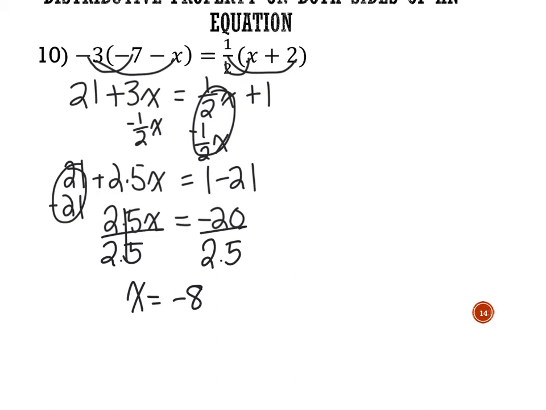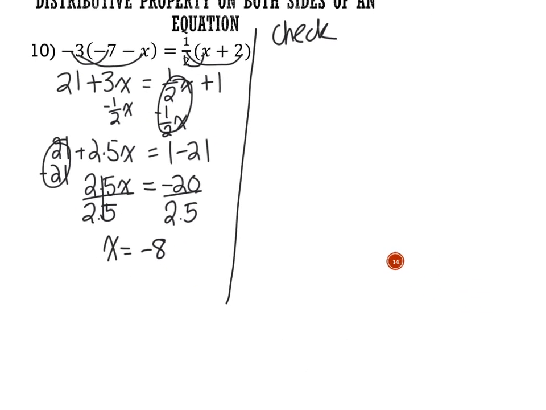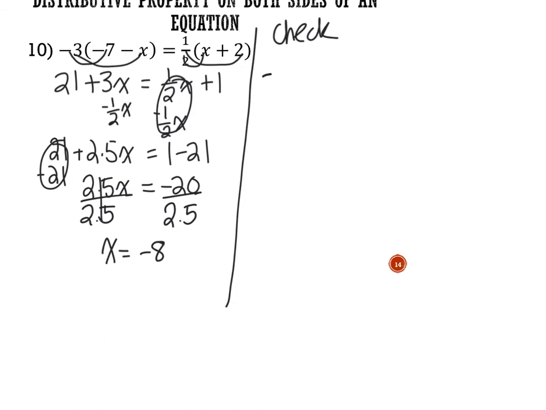Don't forget that negative. Now to check it. Negative 3 times negative 7 minus negative 8 equals 1/2 times negative 8 plus 2.